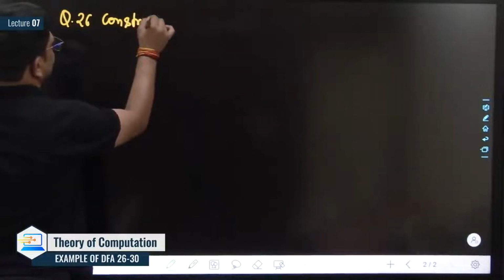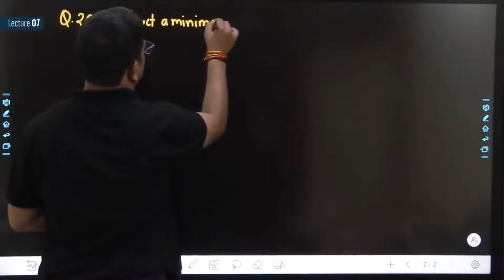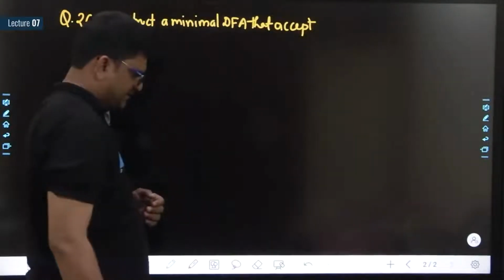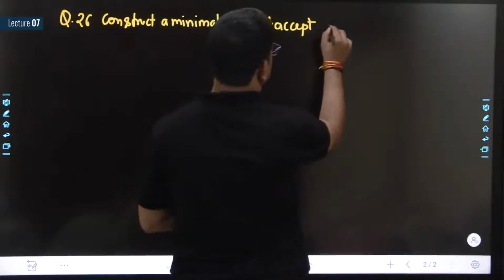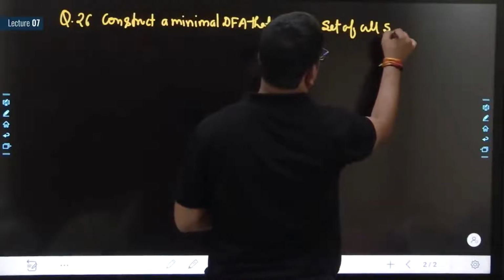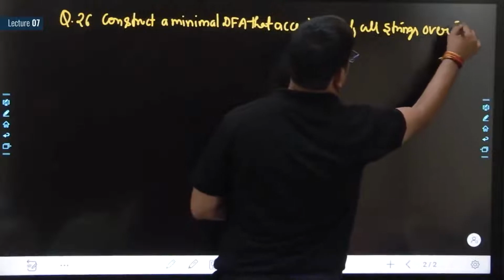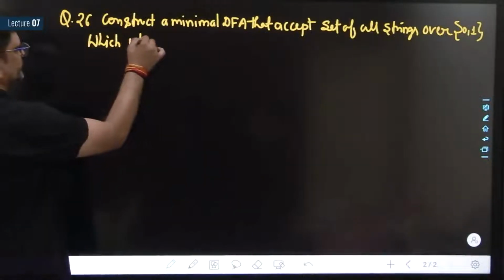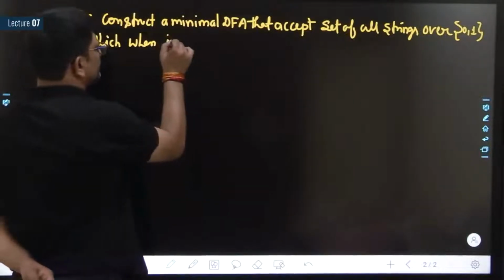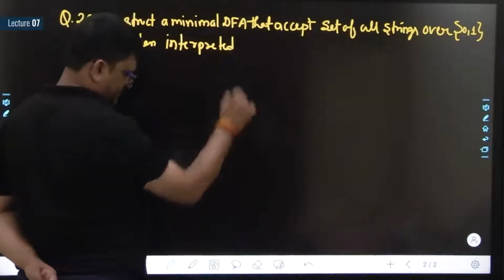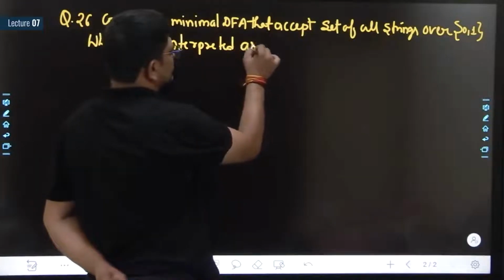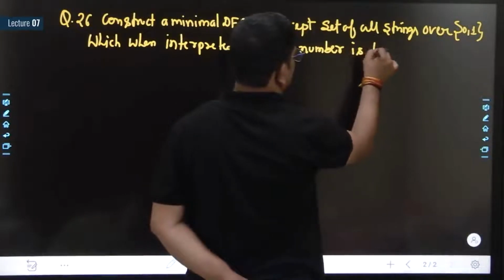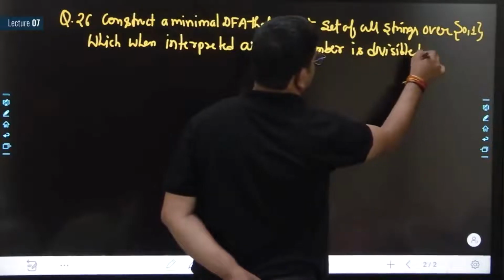Construct a minimal DFA that accepts the set of all strings over 0, 1, which when interpreted as a binary number is divisible by 2.